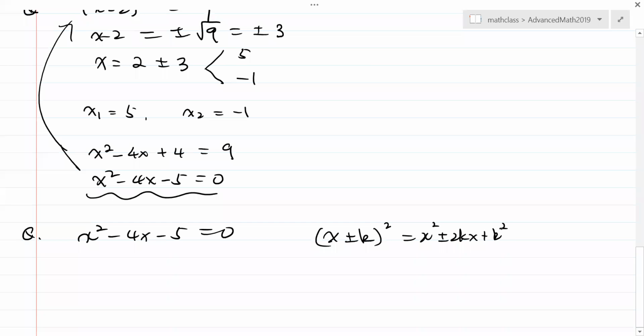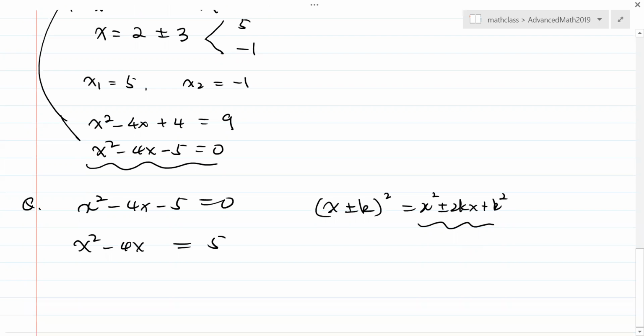In order to combine them into one square, let's say we have x² − 4x = 5. So I only have two terms, and I want to put them together as one square. I compare with this formula. I have to determine the value of k. I think k should be 2.